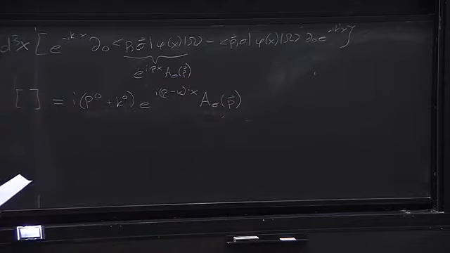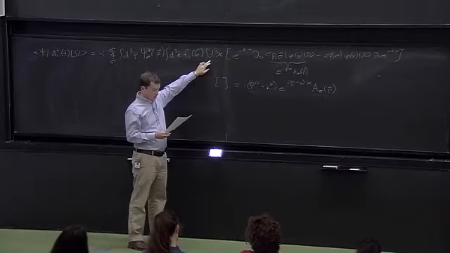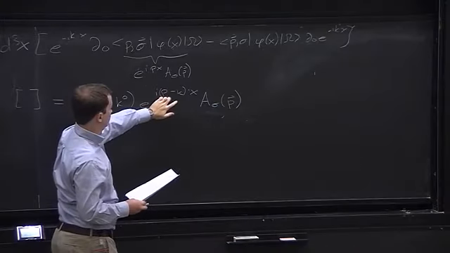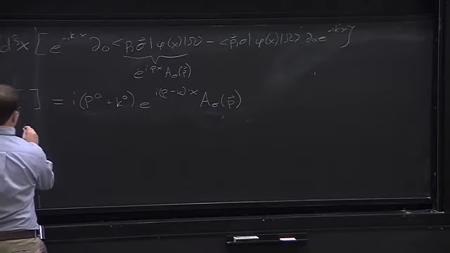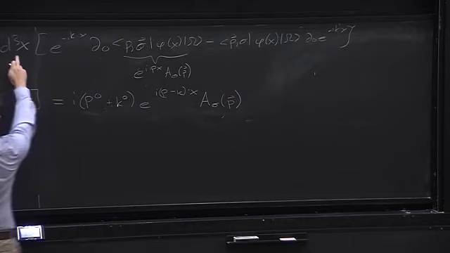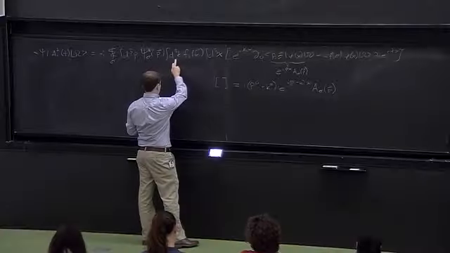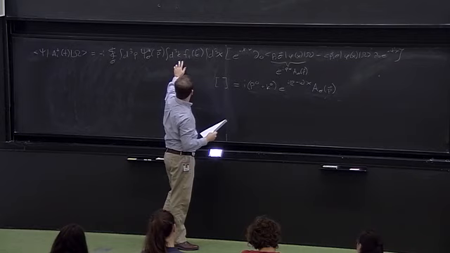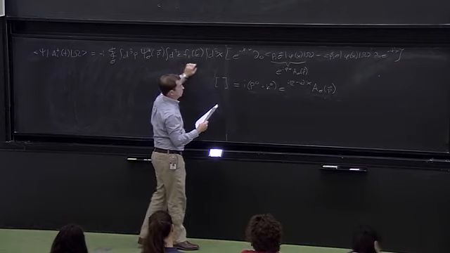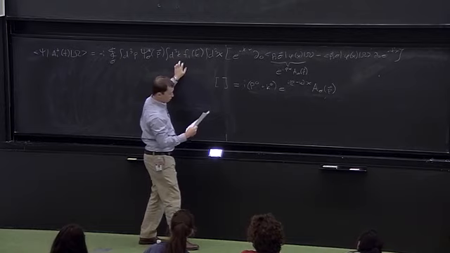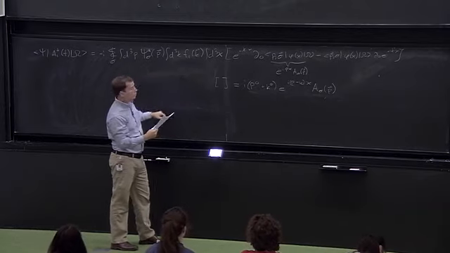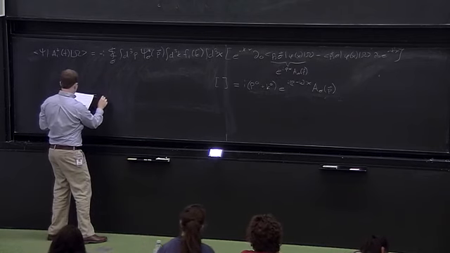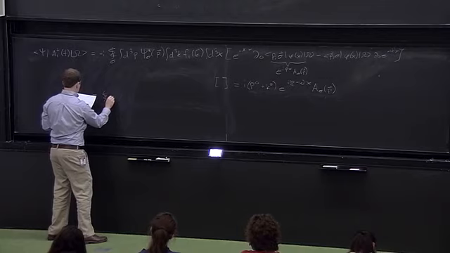And then we can do the x integral. So the x integral will give us a delta of p minus k. And then we can use that to do the k integral. So the net effect of doing both of these integrals will be to set k equal to p and multiply everything by (2 pi) cubed. So then that gives us this expression.